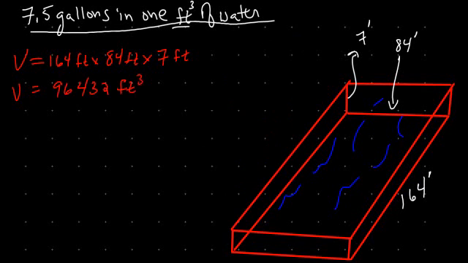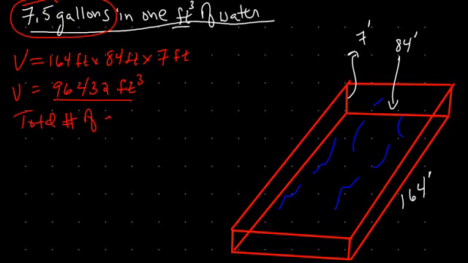Now up here we're given that each cubic foot contains about 7.5 gallons. So I have 96,432 cubic feet, and I need to multiply by 7.5 to figure out the total number of gallons.